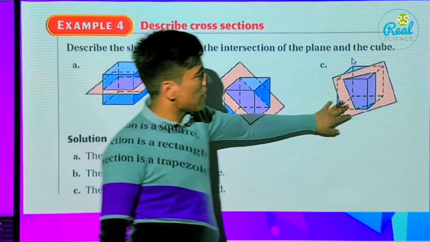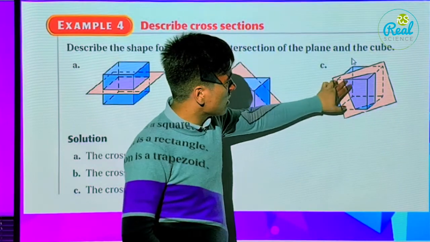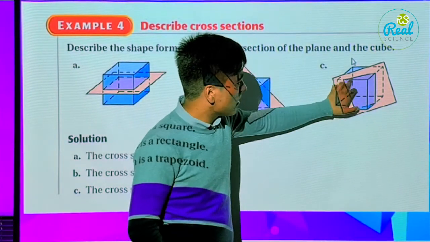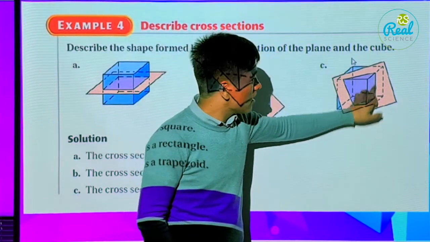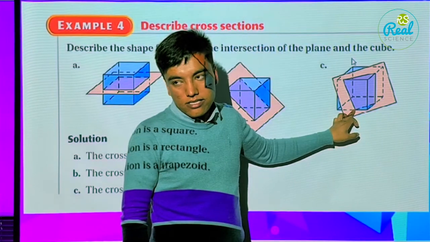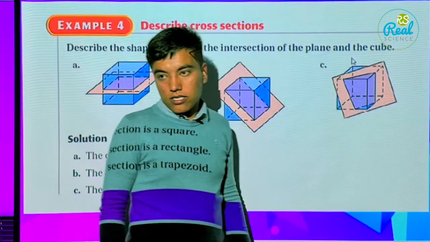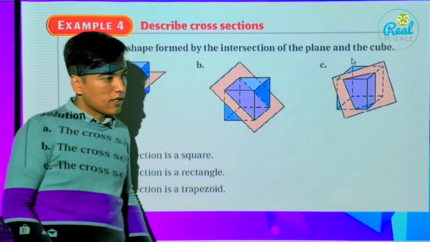Which two sides are parallel here? These are parallel, and these are the sides. These are the sides, and these are parallel, but they are not parallel. In this case, this is a trapezoid.